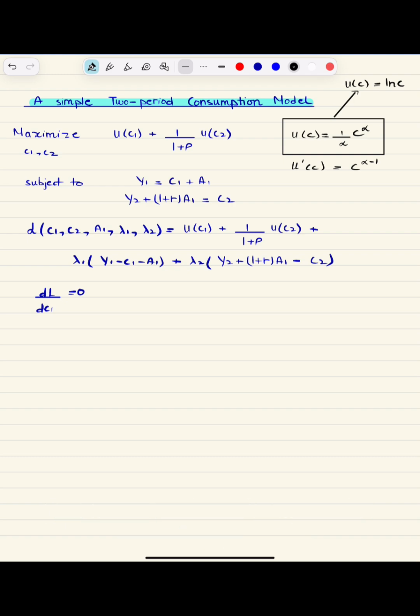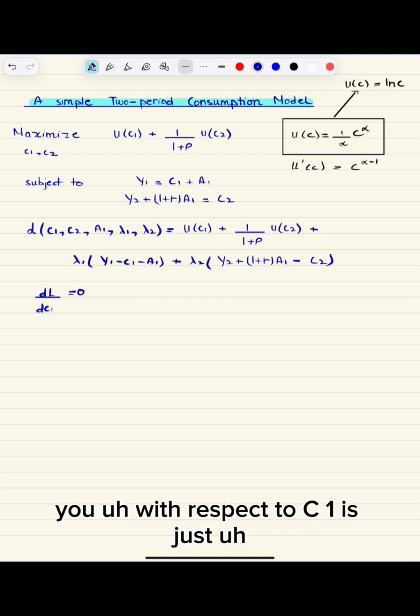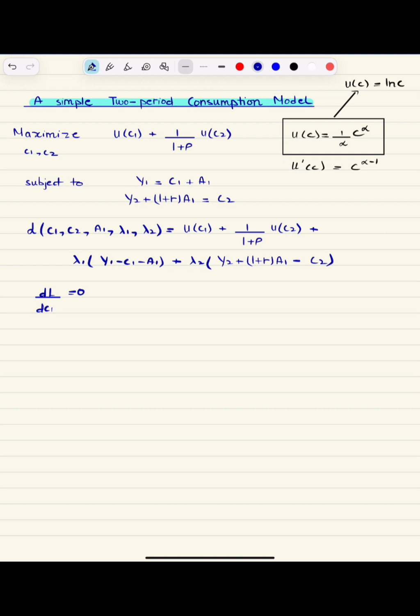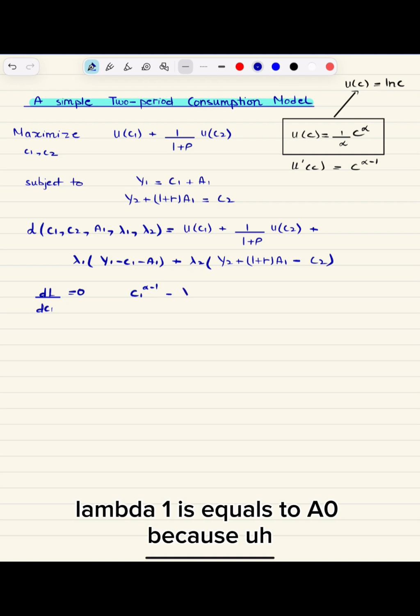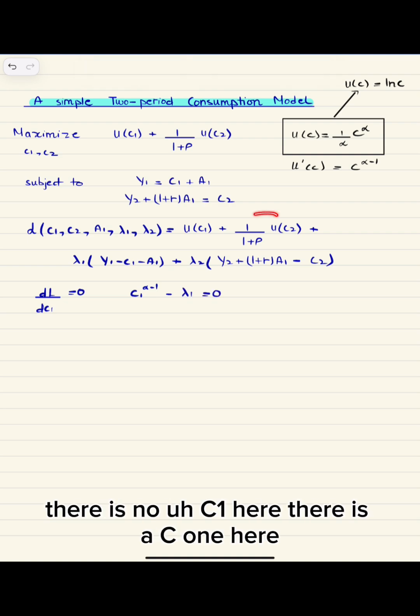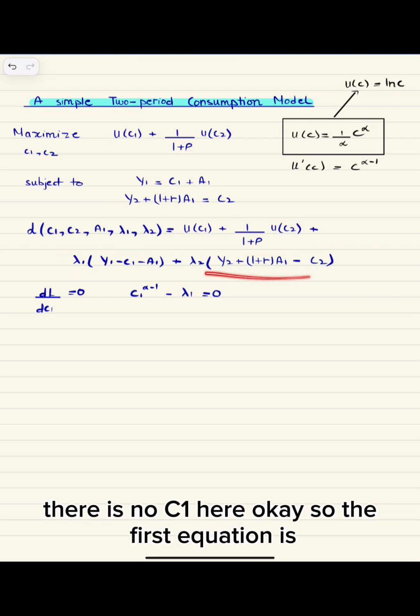Okay, so the derivative of u with respect to C1 is just C1 to the alpha minus 1, minus lambda 1 equals 0, because there's no C1 here, there is a C1 here, there is no C1 here.